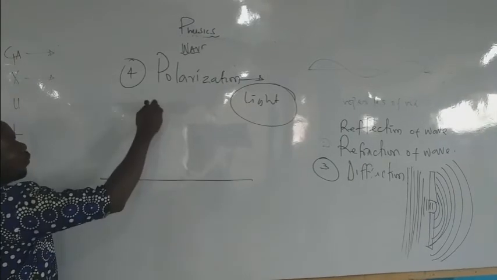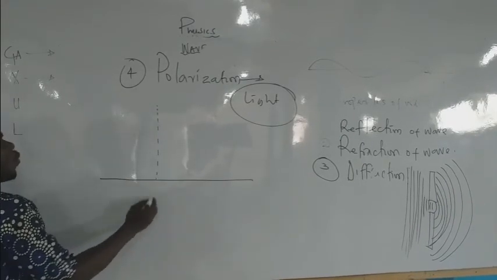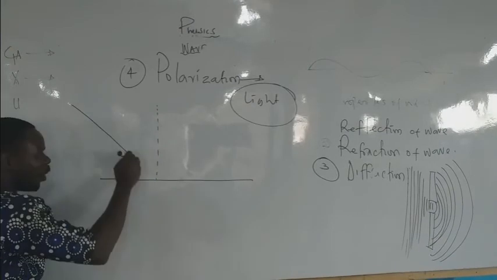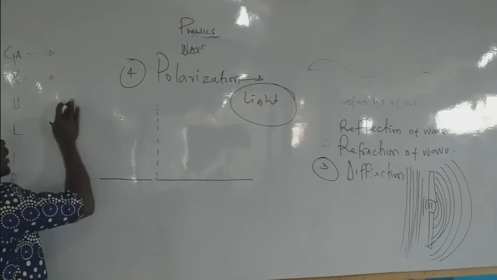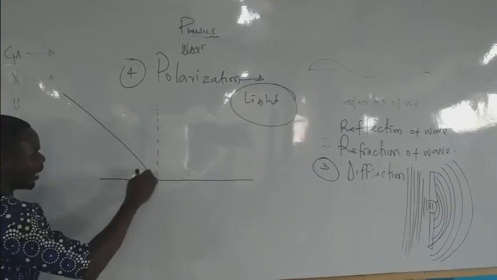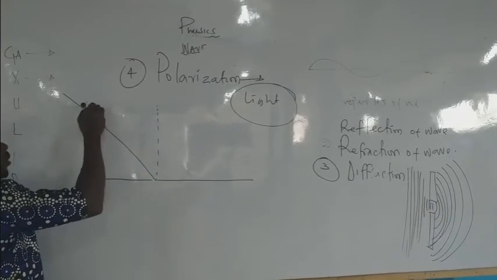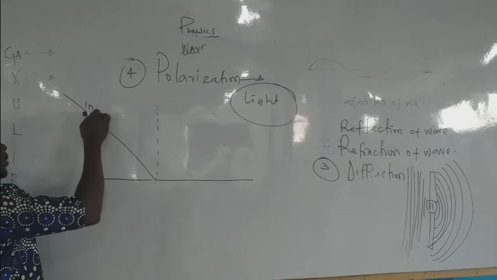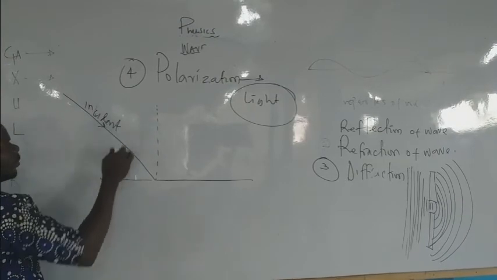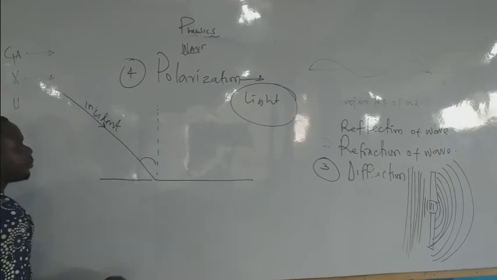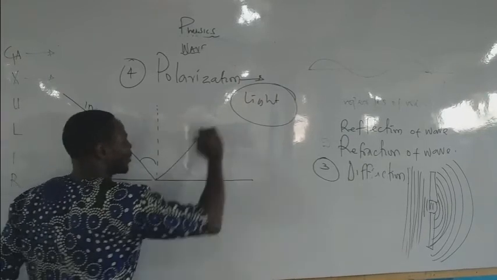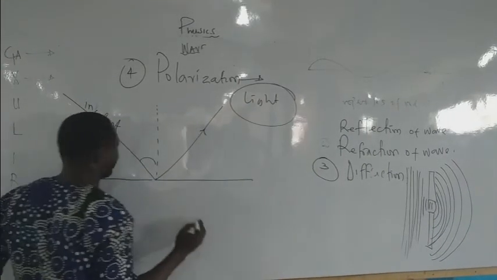Now, we have a rule that we call Malus rule. When a light ray falls on a surface like this, this is the incident ray. There is an angle here. Now it reflects. This is the reflected ray.